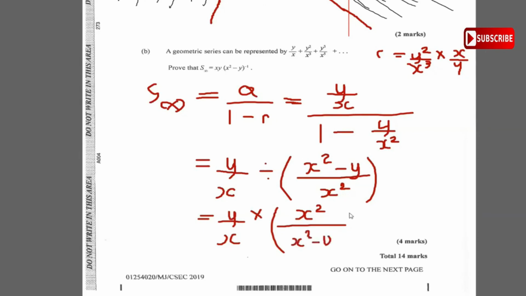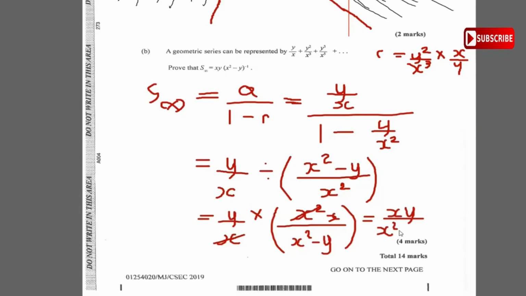And so after we flip it, we see that this x cancels out an x from here to leave us with x. So what we end up getting is x times y over x squared minus y.